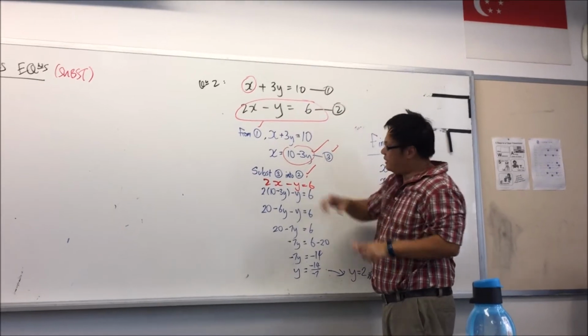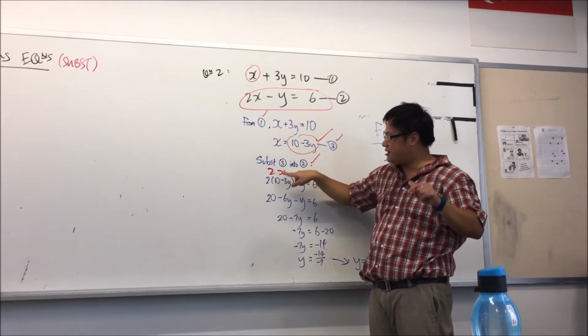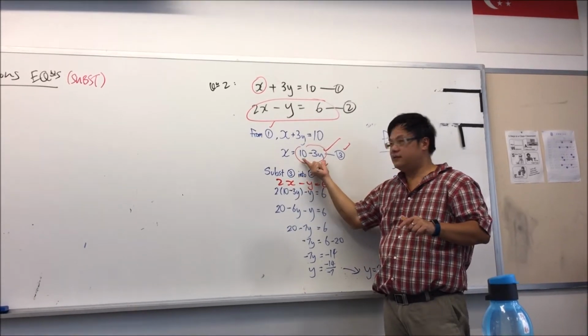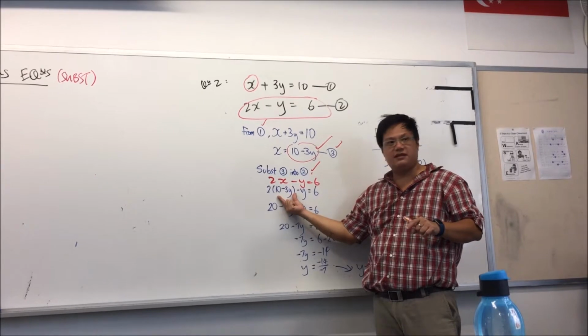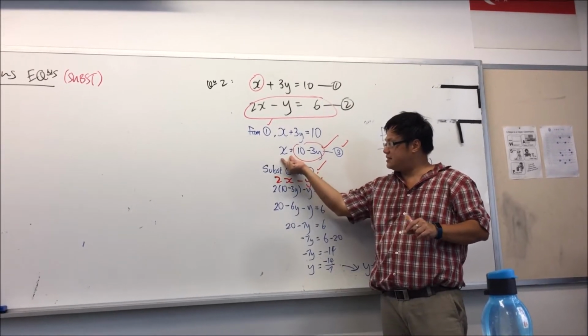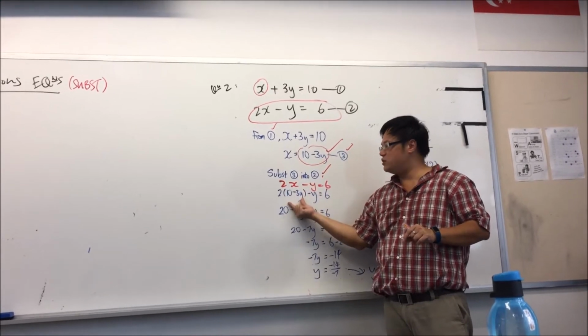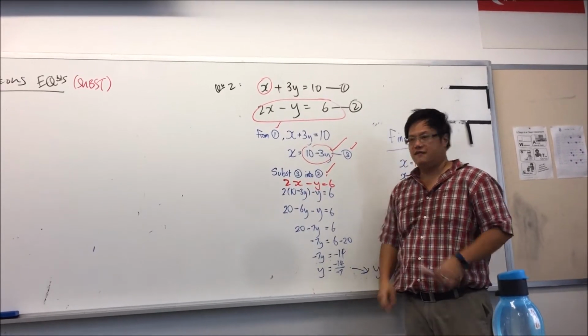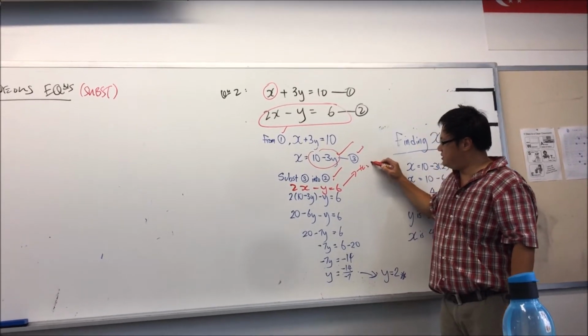So now I'm taking this expression, x equals to 10 minus 3y. So instead of writing x, I can write 10 minus 3y. So this is called substitution method. Instead of writing x here, I substitute x with 10 minus 3y. Then minus y equals to 6. This, my dear, is your equation 2.